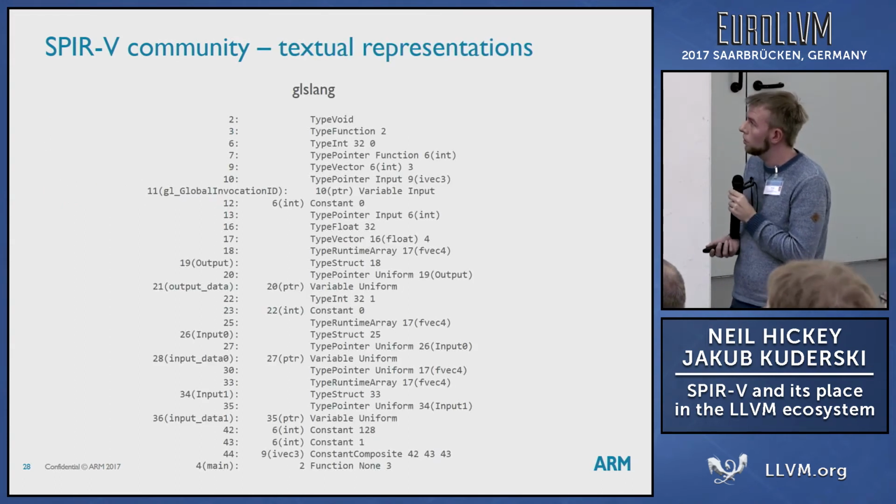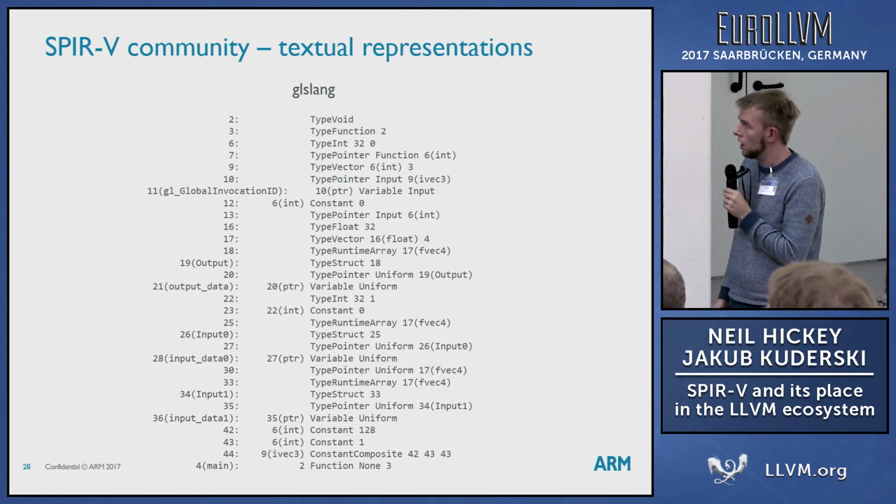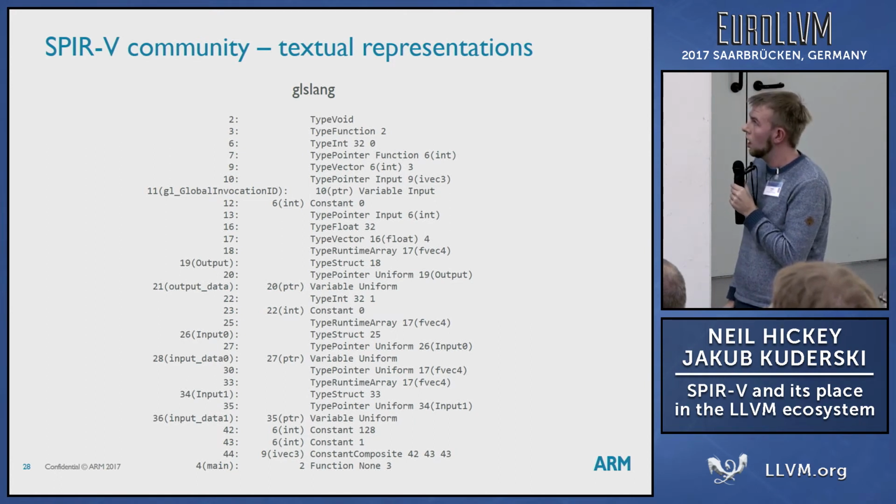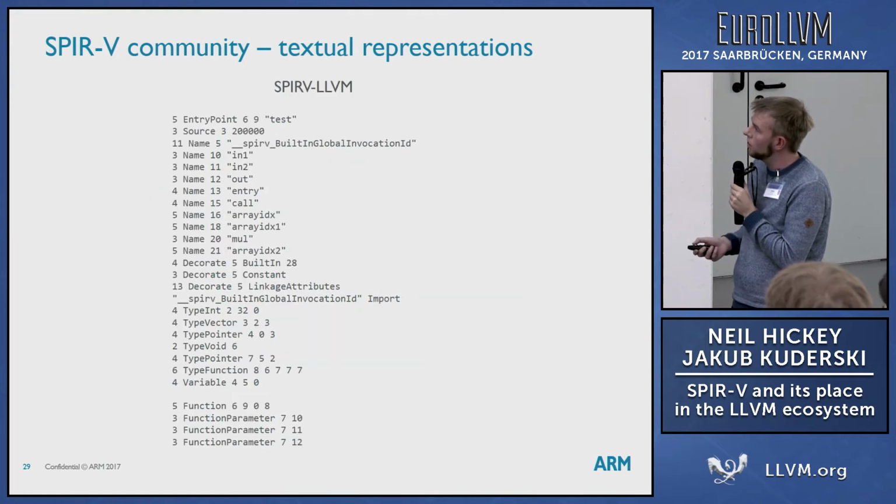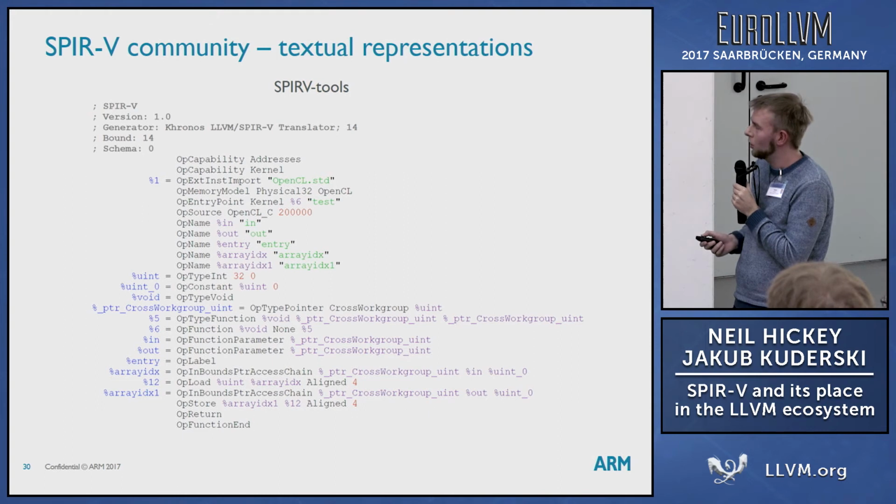One of the examples of some inconsistencies in the SPIR-V ecosystem are textual representations. So there is one that is used by the GLSL shader language. Then there is another one used by SPIR-V LLVM. So there's a difference there. And there's a third one used by SPIR-V tools.